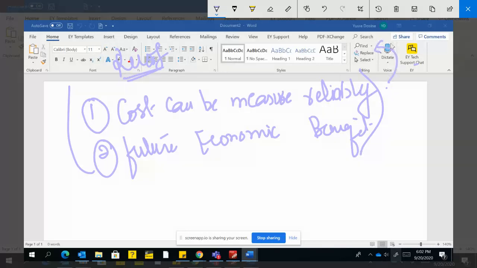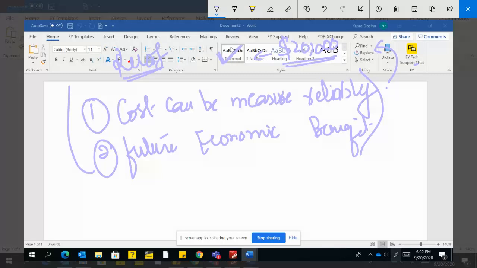For example, if you are buying some plant, some property, some machinery, obviously you are paying something to your supplier to buy the asset. Obviously, the supplier charges some amount to give you this asset. Let's say your supplier is charging $20,000 to you, obviously this is the cost.